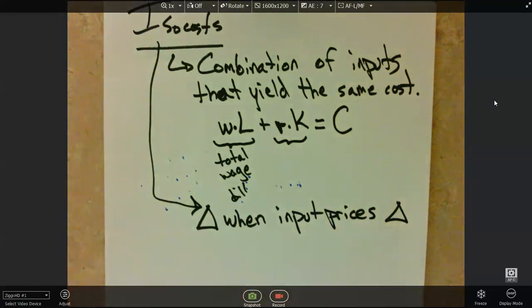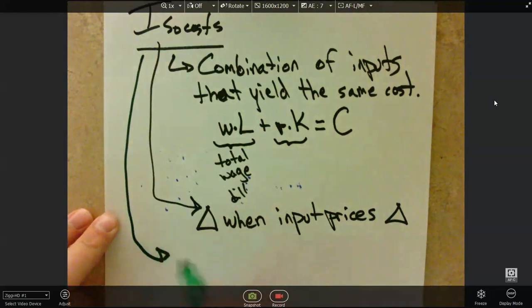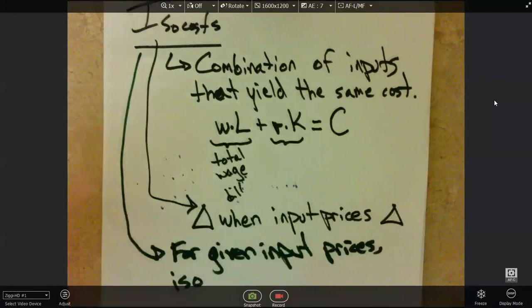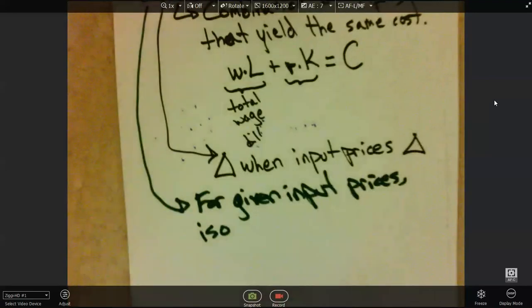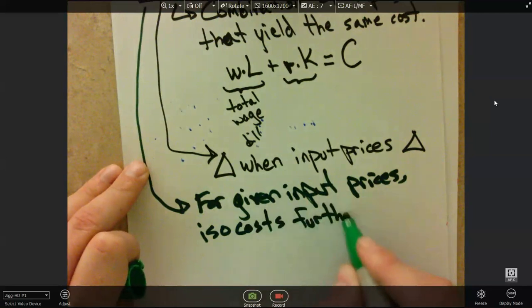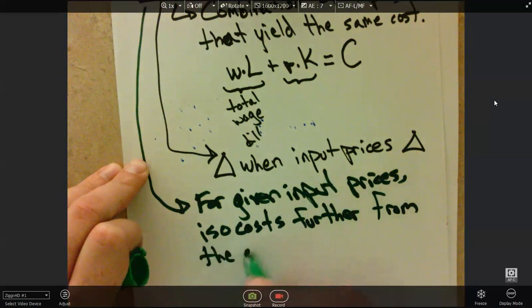And as a rule, for given input prices, iso-costs further from the origin are associated with what?